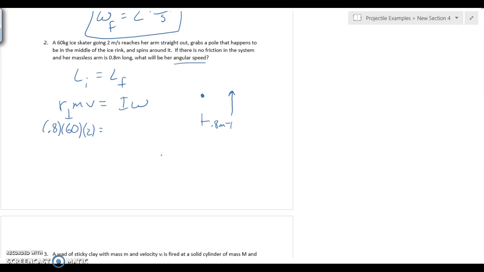And then the rotational inertia is going to be the girl going around the pole. We're going to consider her as a point mass going around that, so that's just m r squared. So her mass 60, and then that radius 0.8 squared.